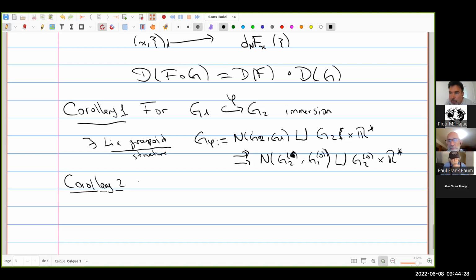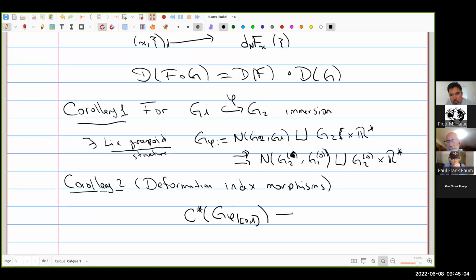So corollary 2 is about deformation index morphisms, as we called them. In the situation above, one can consider, for example, the C-star algebra of the groupoid G phi, perhaps restricted not to the entire R, but just to the closed interval 0, 1.